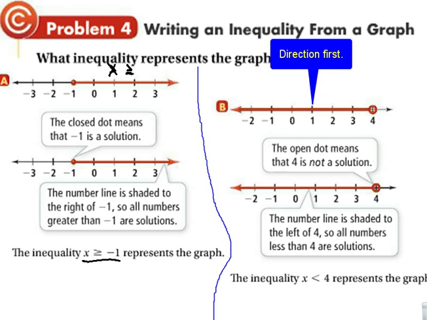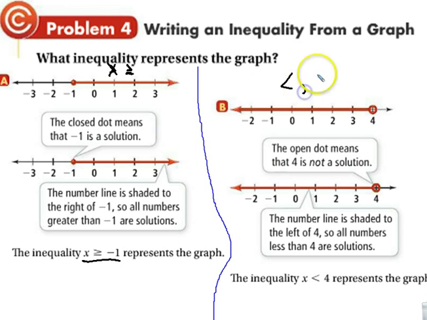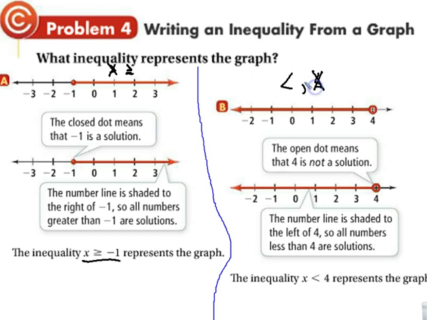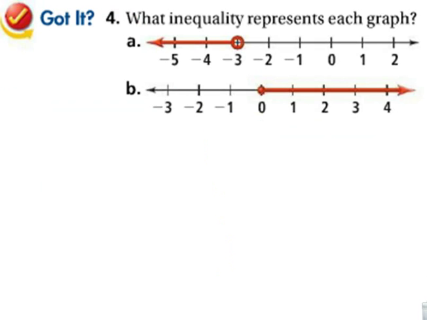We know it's going to the left, so it's either going to be less than or less than or equal to. It's an open circle, which means it has to be less than, and it's smaller than 4, so x is less than 4. Okay. So I'll let you look at these two. Remember, look at the direction it's going, what type of circle, and then what number. Those are the three that you have to worry about.